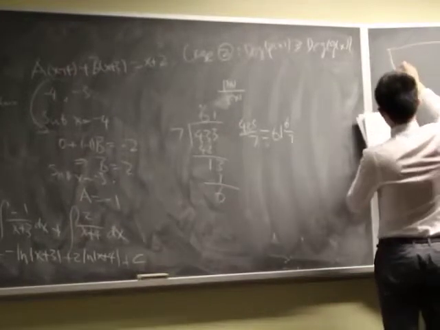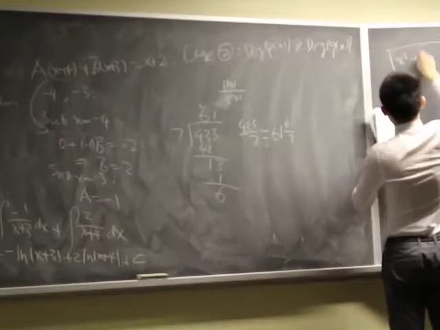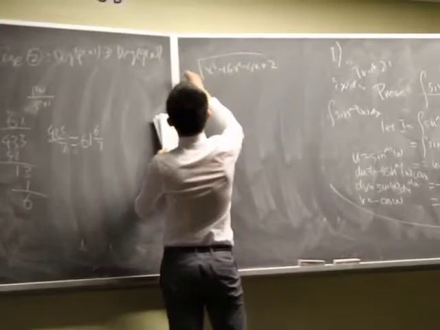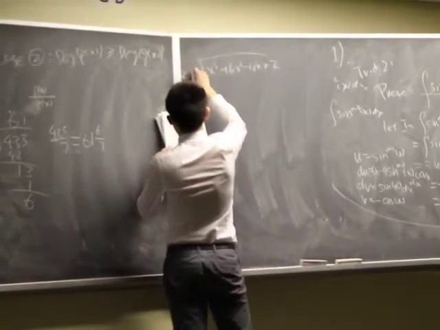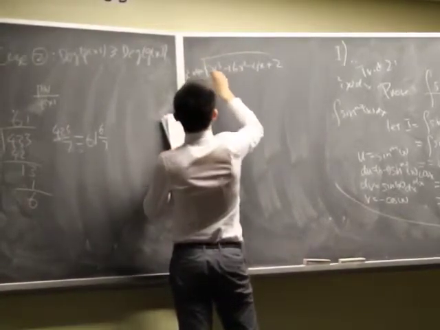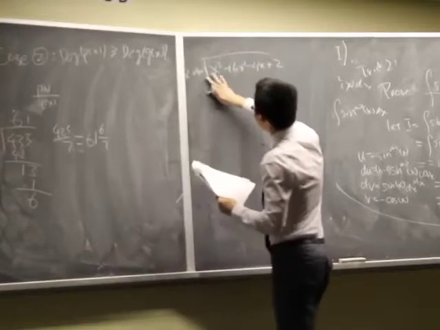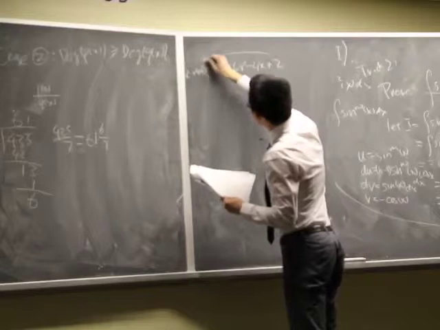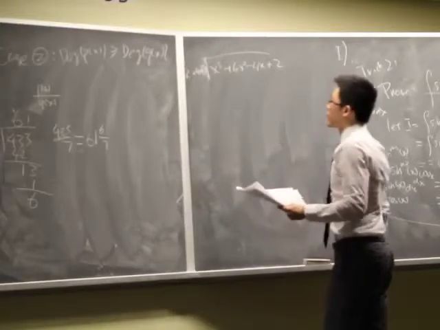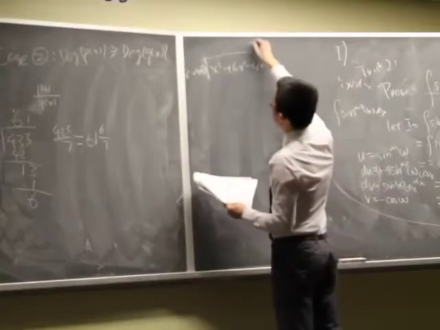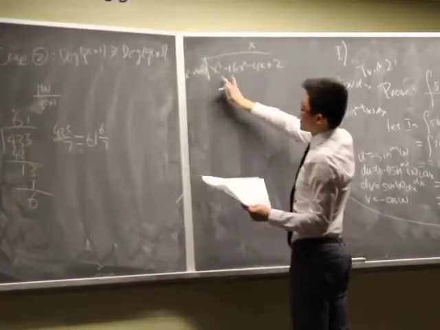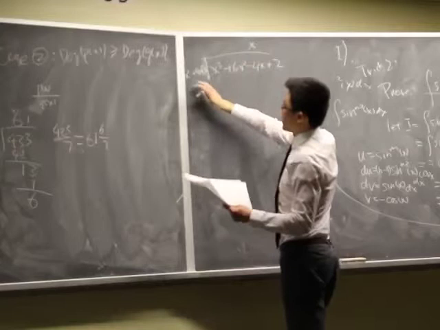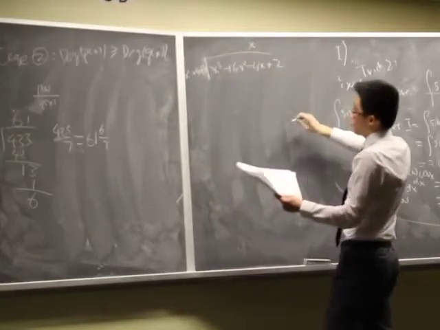Let's try something like x cubed plus 6x squared minus 4x plus 2 divided by x squared plus 4x plus 3. We're doing the exact same thing. We're going to write x here because that's the largest term we can put in here without making this larger than this entire expression.